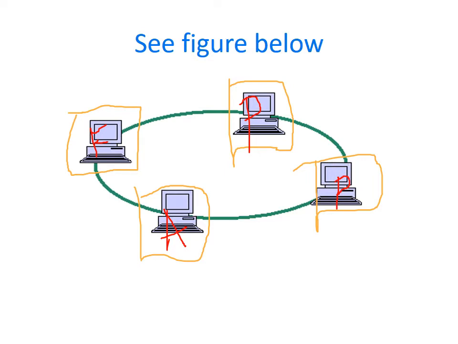So in this case, the data will be moving in a circular fashion from one point to another. So this is how token ring functions and how data moves. It's a simple setup. Data will move from one point to another.